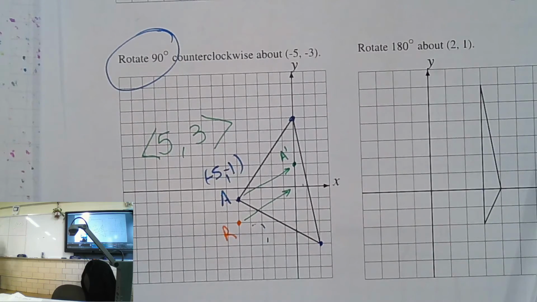Now the question is, when we do this, we know the x and y have to flip, because what once was an x is now going to be a y. Sorry, this flip is really bad. It's going to be like here.